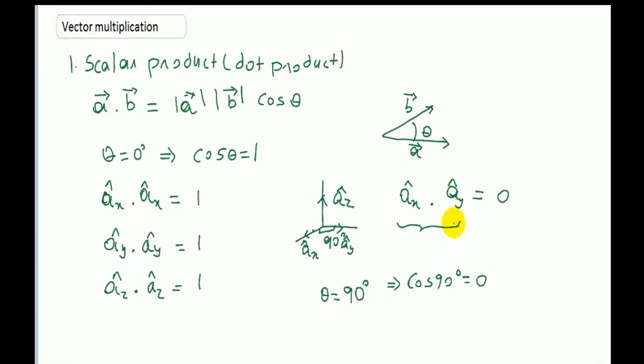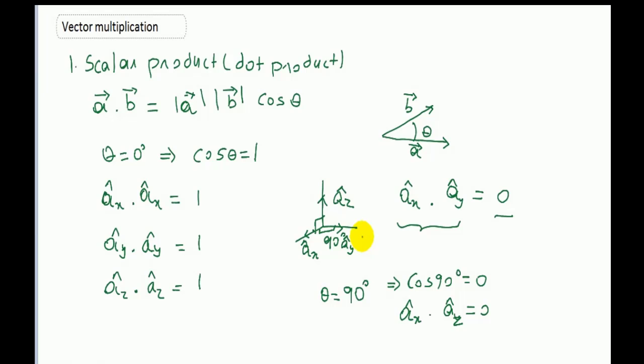So that's why ax cap dot ay cap will become 0. Similarly, ax cap dot az cap also becomes 0, as x and z are also 90 degrees apart. Similarly, ay dot az or az dot ax will give 0, because ax cap, ay cap and az cap are all mutually perpendicular to each other.